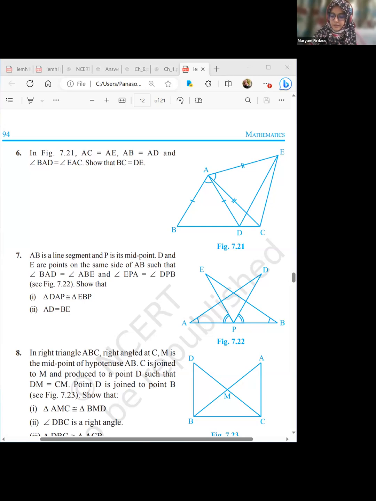And then we have this. This is a little tricky, so try to pay attention here. And then this is a triangle, okay? This is a triangle.